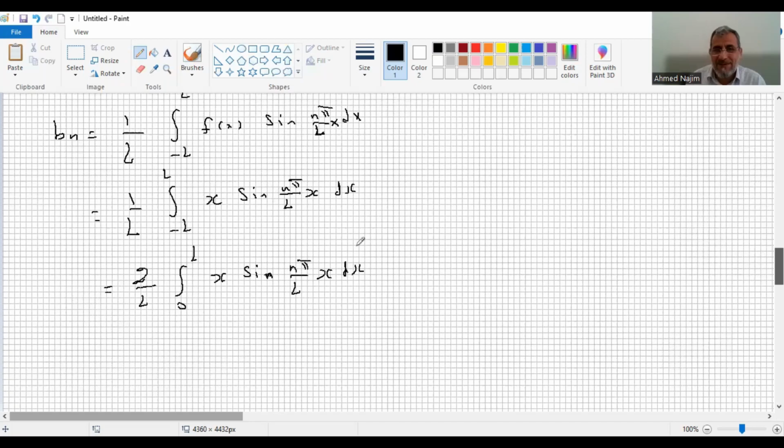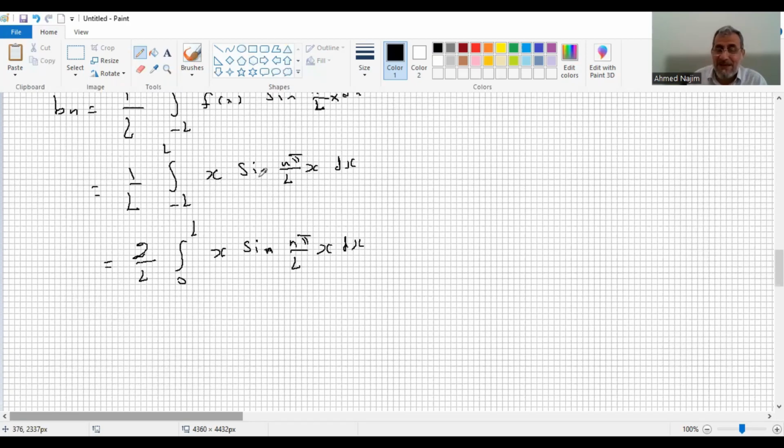Again, x is odd, sine is odd, the multiplication is even. So from negative L to L becomes from 0 to L, multiplied by 2. Then by u dv: u is x, and dv equals sine(nπ/L x) dx.